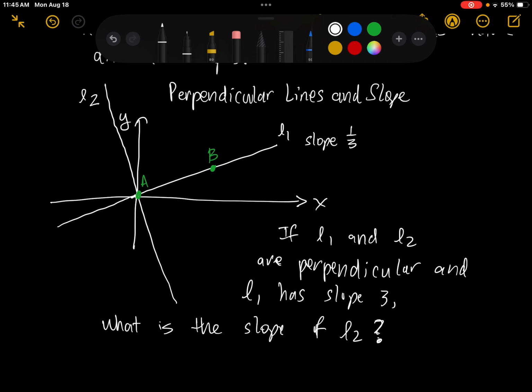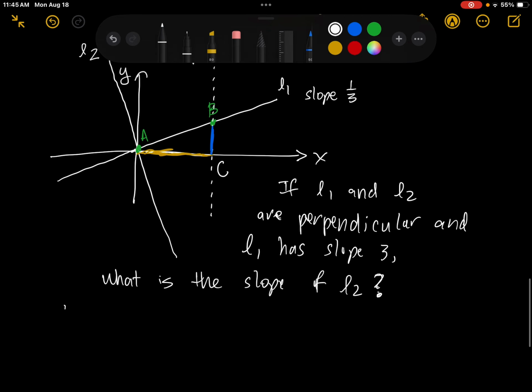That means that if you take, again, let's drop a vertical line down from B. If you look at this horizontal length here, and this vertical length here, the blue length, so let's call this point C. Okay.